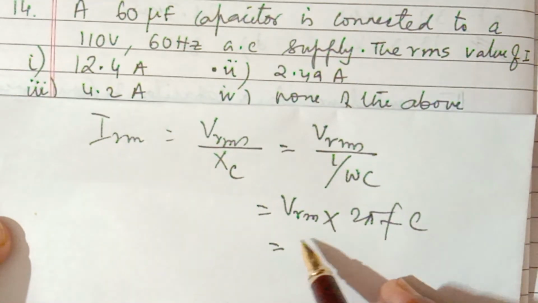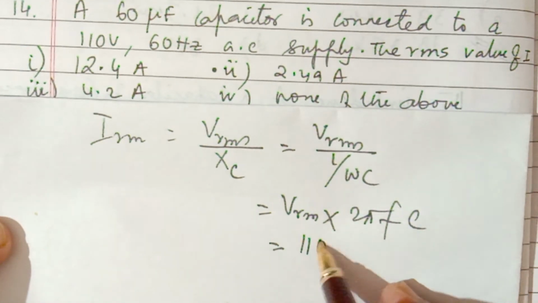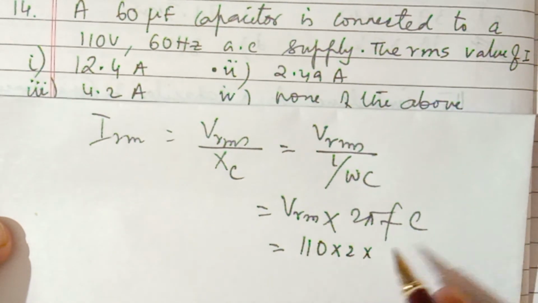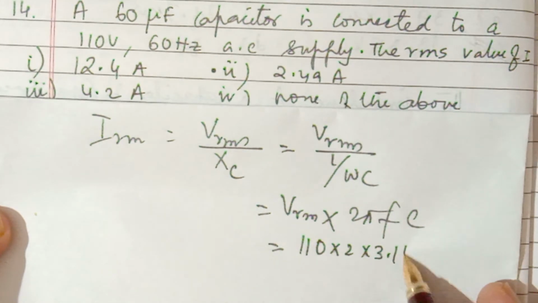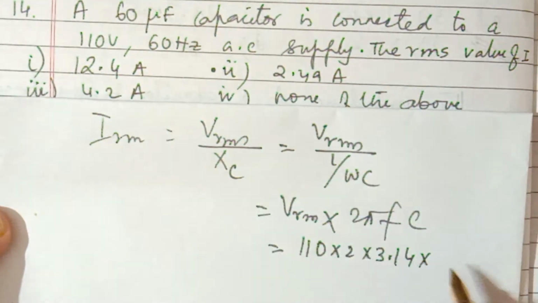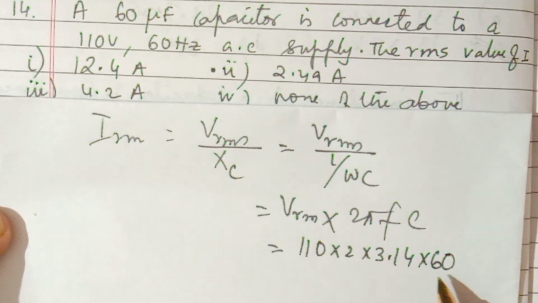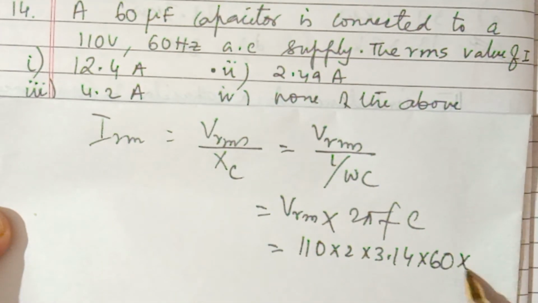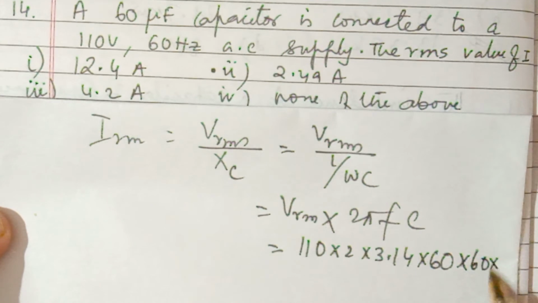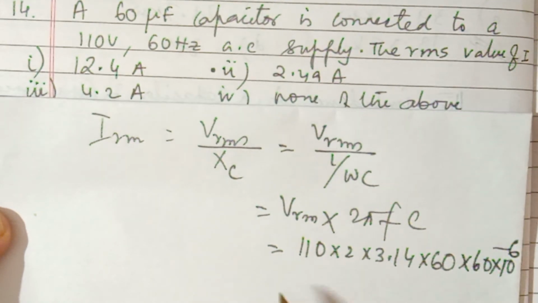So then the current is how much? 110 divided by 2 into 3.14, frequency 60, and the capacitor is 60 microfarad, 60 into 10 to the power minus 6.